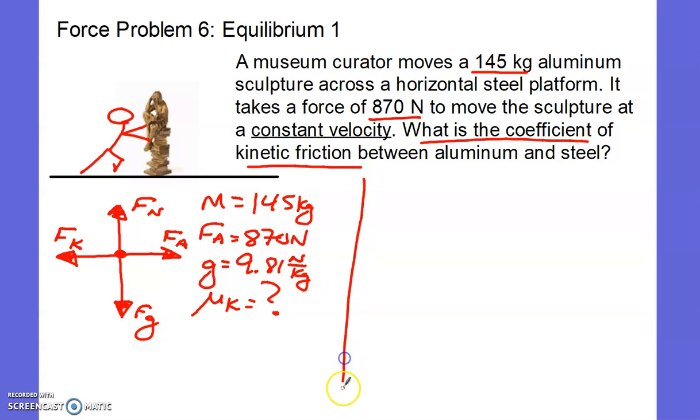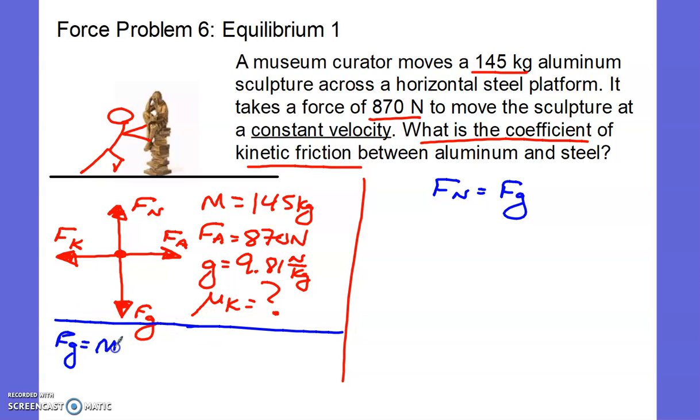So now let's start to solve. We are in equilibrium. And what that means is that our upward forces equal our downward forces. So one of the equations we're going to write is that the normal force is equal to the gravitational force. We don't know the gravitational force, but we do know the mass. We're going to have to do a side calculation here and solve for the gravitational force, which is m times g.